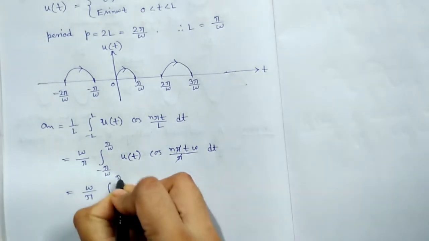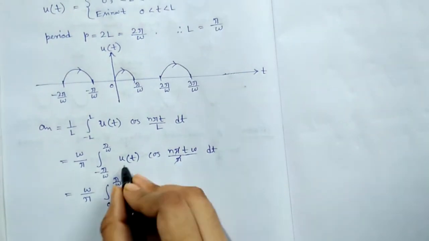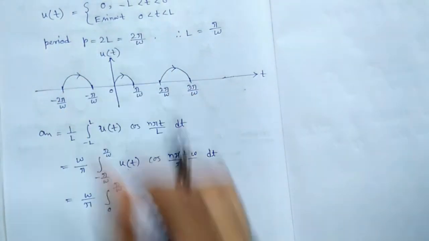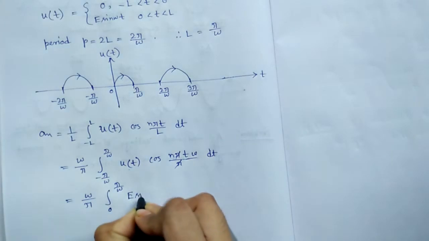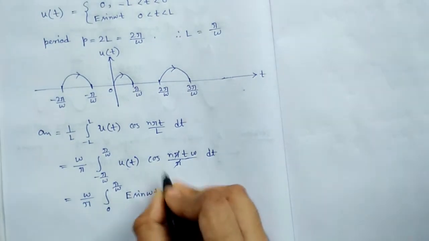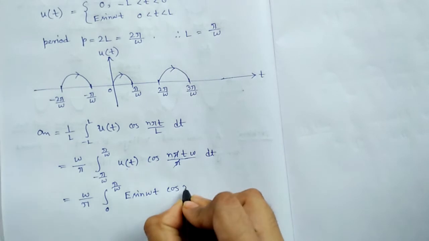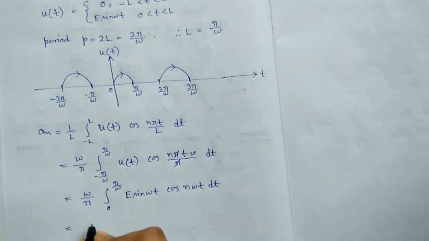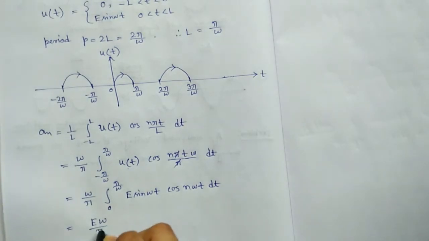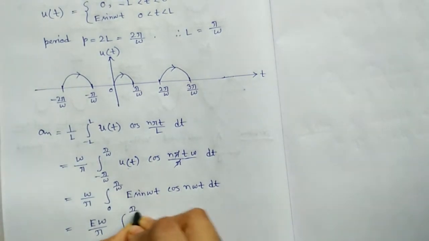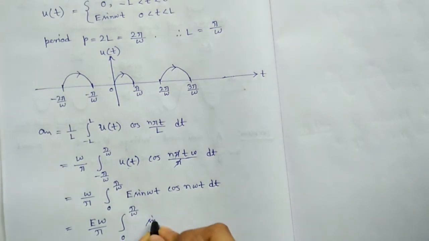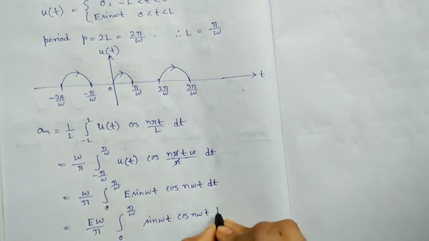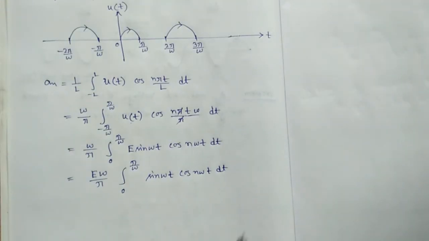So 0 to pi by omega u(t), and the value of u(t) in the positive section is E sin omega t. This is cos n omega t dt. Now this is equal to E omega by pi integration 0 to pi by omega sin omega t cos n omega t dt.